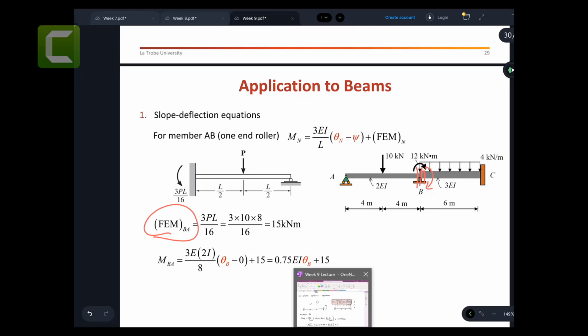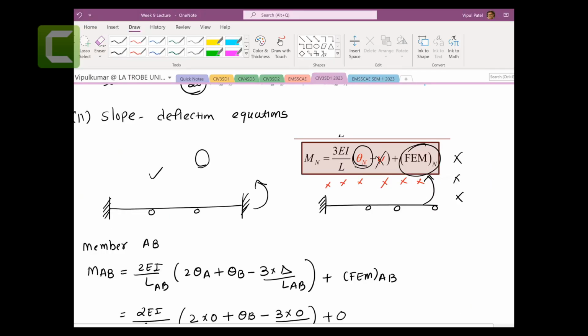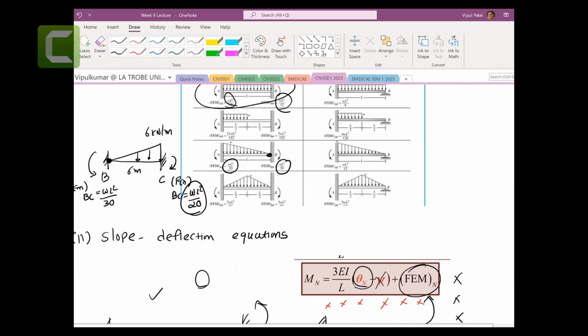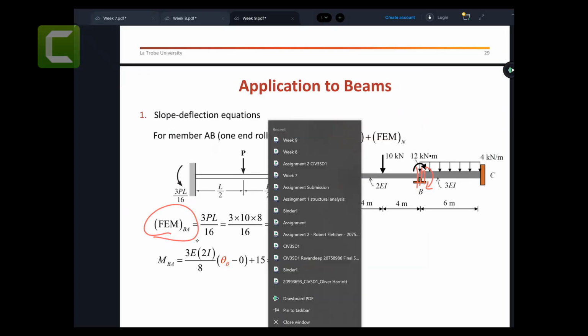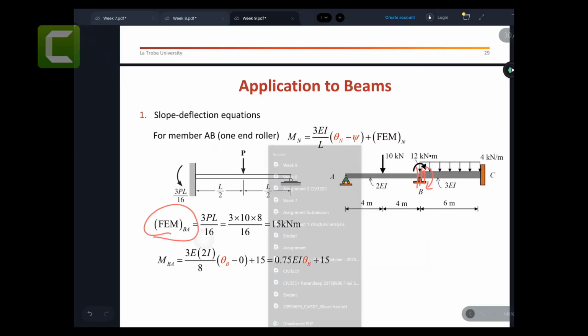There are tables where you can calculate these, 3PL on 16, depending on clockwise or anti-clockwise. You can put positive. In here that is clockwise, right? So that is 3PL on 16. And there are different EI.